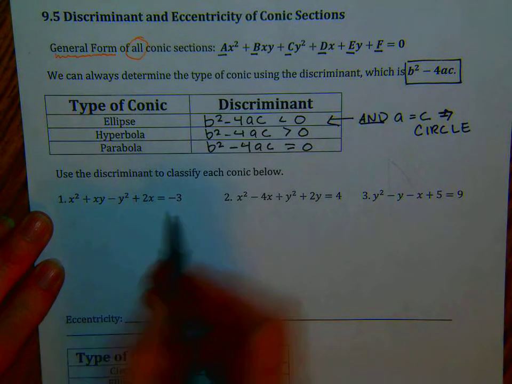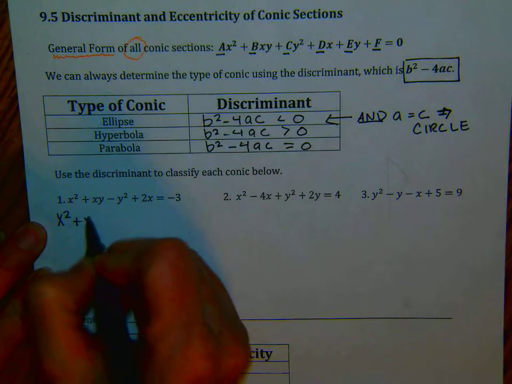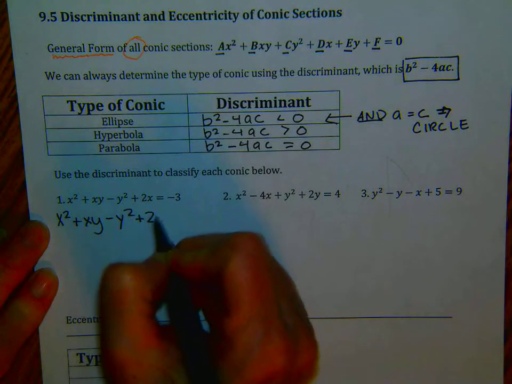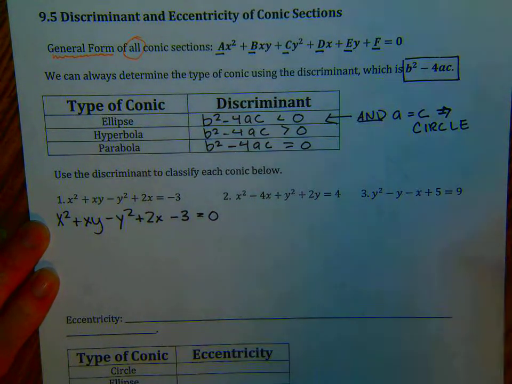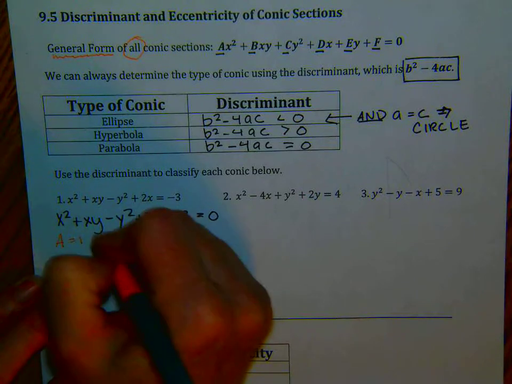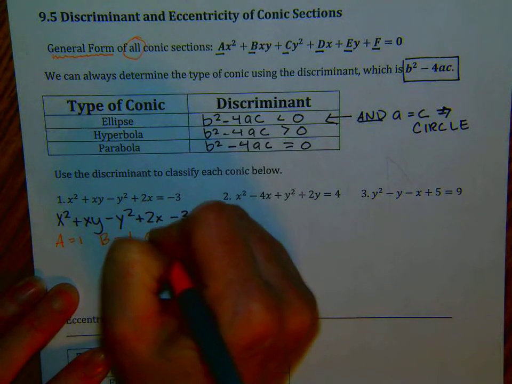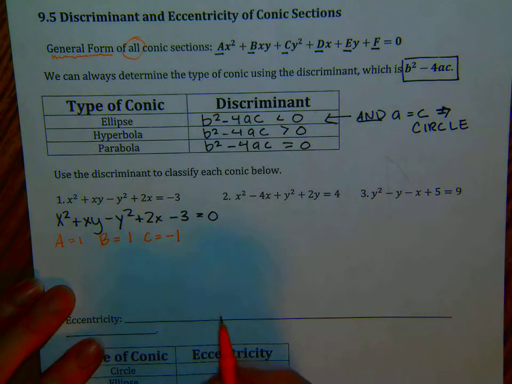We have to pull this over, so it's x squared plus xy minus y squared plus 2x minus 3. There is no y term, equals 0. So what do we have? We have a equals 1, b equals 1, c equals negative 1. Now all we need is the a, b, and c, so we don't really worry about anything else.